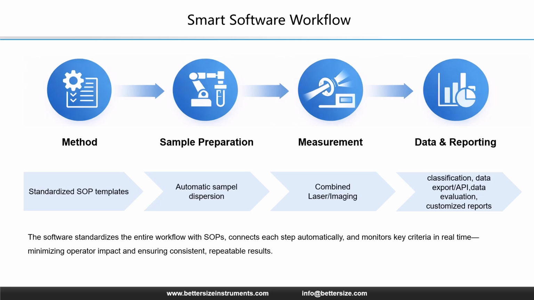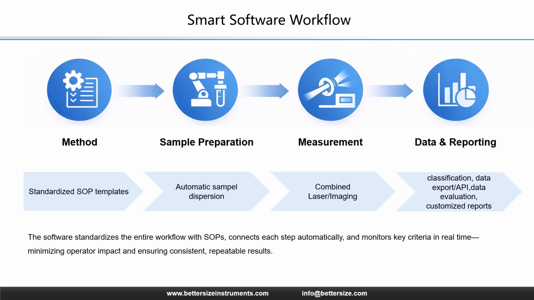Hardware precision is wasted without software discipline. We structure the chaotic reality of the laboratory into a linear, automatic pipeline defined by standard operating procedures, SOPs. First, we lock the method, ensuring every operator uses identical parameters. This drives the sample preparation and measurement phases, where the system automatically executes the dispersion and optical analysis we previously discussed.